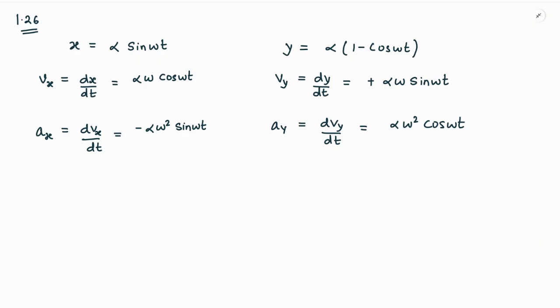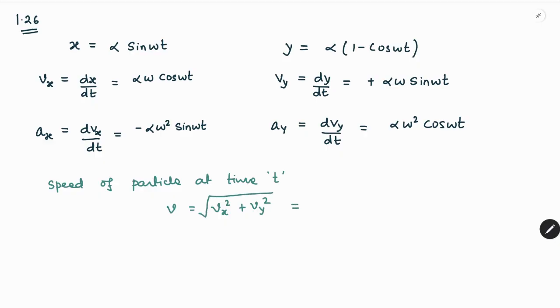So over here if we calculate the speed of the particle at time t, then we calculate v equals square root of vx square plus vy square, and over here we obtain alpha square omega square cos square omega t and alpha square omega square sine square omega t.